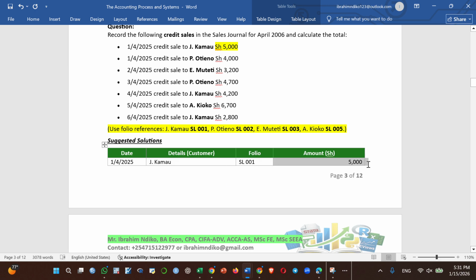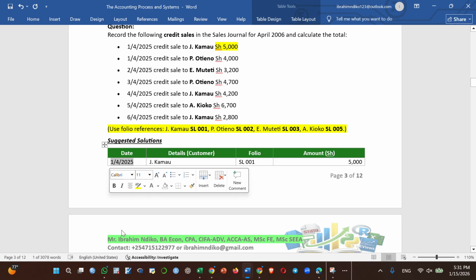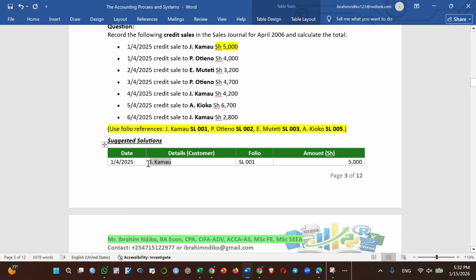You can see the 5,000 here, the first transaction from this suggested solution. The credit sale was made to Kamau. So we start with the date. We insert the date, 1st of April 2025. Then we input the name of the customer, that is Kamau.